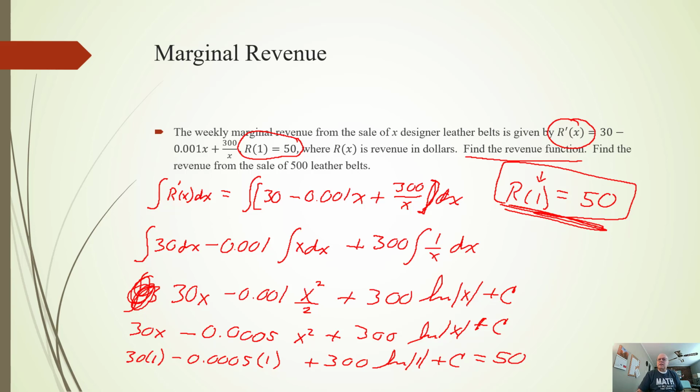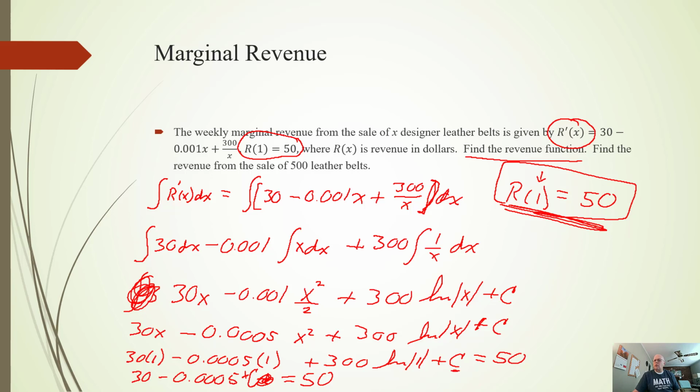So what do we get? Let's see, we've got 30 minus 0.0005 plus this part right here is 0 because the natural logarithm of 1 is 0. So that's gone. We don't need it. And that's equal to 50. And the c goes in there, sorry.